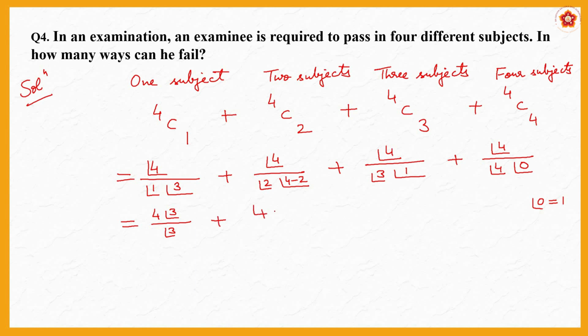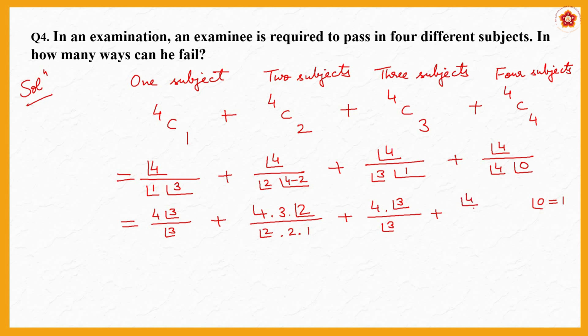This will be 4 into 3 into factorial 2. And here we have factorial 2, and 4 minus 2 is also 2, so this can be written as 2 into 1. Here we write factorial 4 as 4 multiplied by factorial 3, and factorial 3 will be written in the denominator.